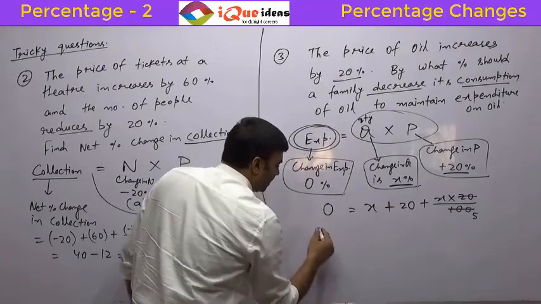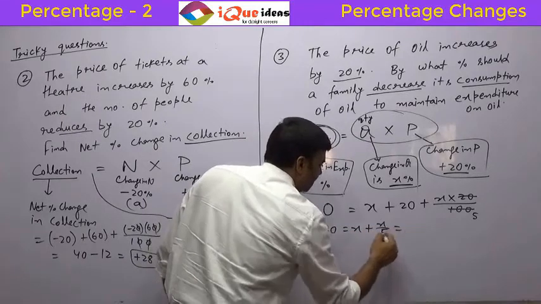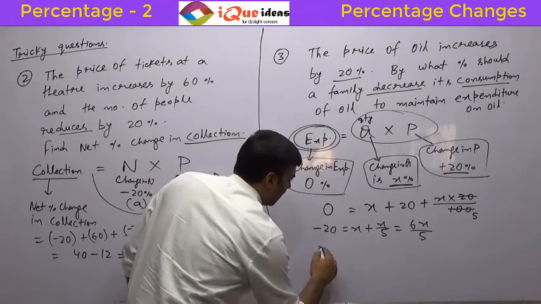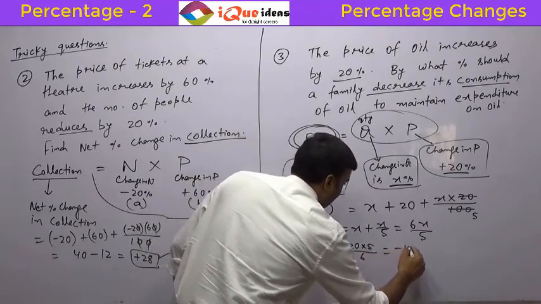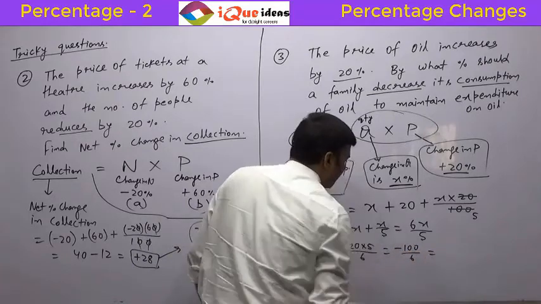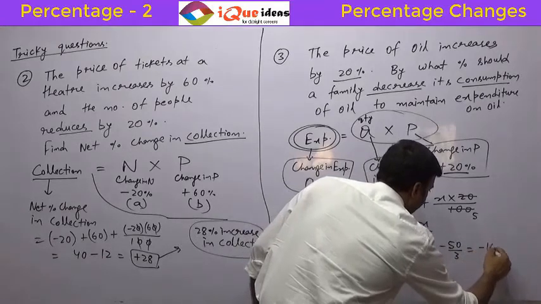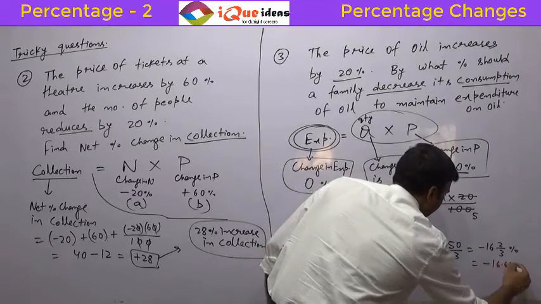This 20 comes to this side, becomes minus 20 equal to X plus X by 5, which is 6X by 5. Alright. So X is equal to minus 20 into 5 upon 6, that is minus 100 upon 6, which is minus 50 upon 3, that is minus 16 2 by 3% or minus 16.66%.